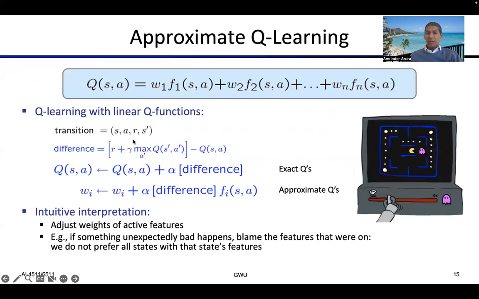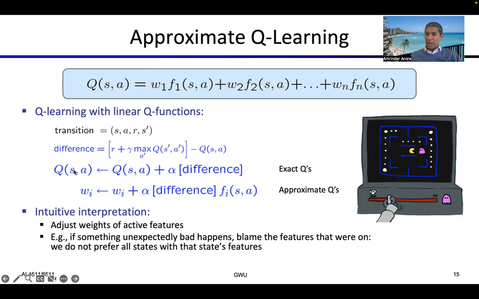It uses a concept very similar to the regular Q-learning function, but now instead of the Q values, we'll be changing these weight values. So every feature that was set to be activated, now we will change the W based on this specific episode here.